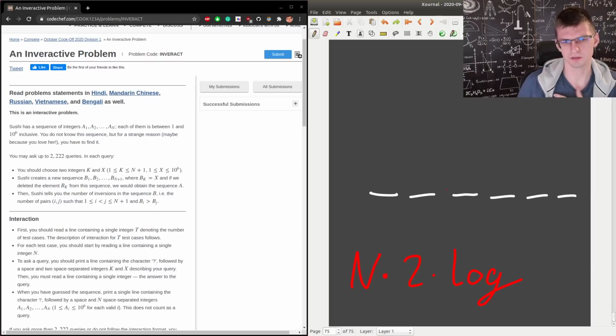That's some strange solution. But if the answer is different for x here and here, it means that the answer is always different. Wait. This is 10, and here I have 5. Then this is an inversion, and this isn't.